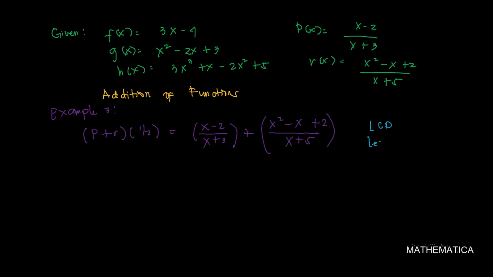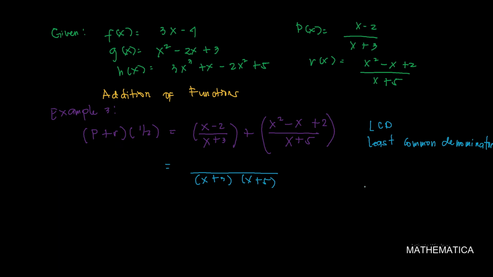This is the least common denominator. So, ano nga ba yung tinatawag nating LCD? Yung tinatawag nating LCD, ito yung smallest number of all the common multiples of your denominator, ay x plus 3 and x plus 5.